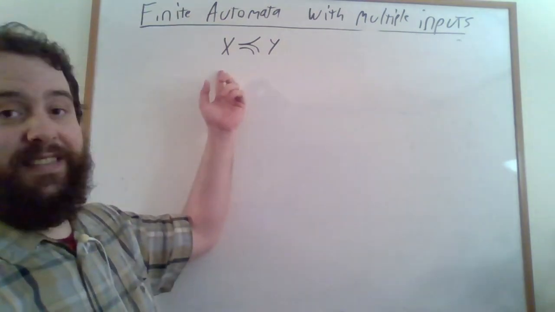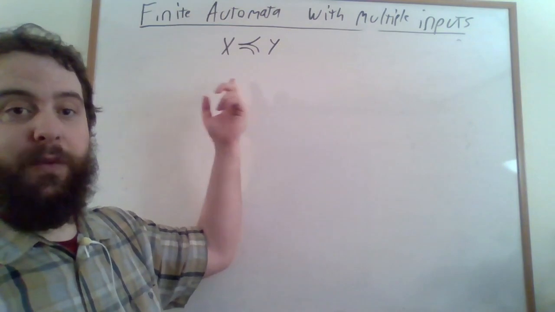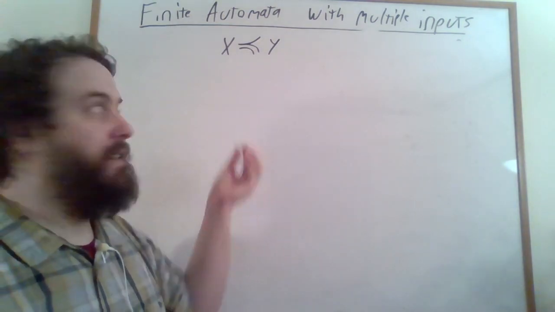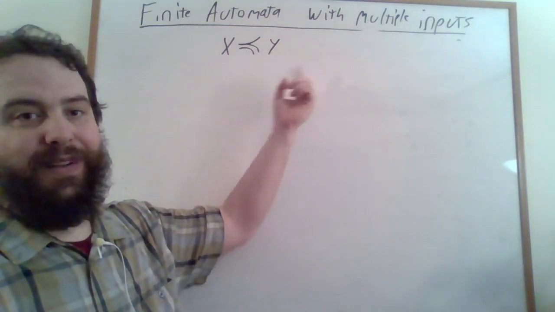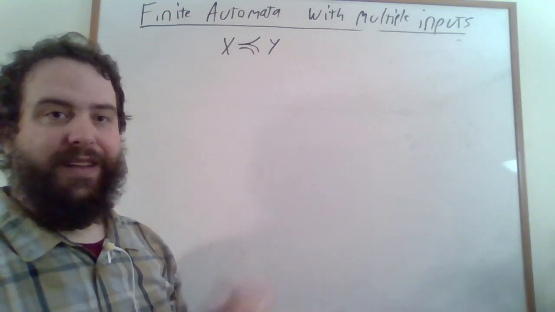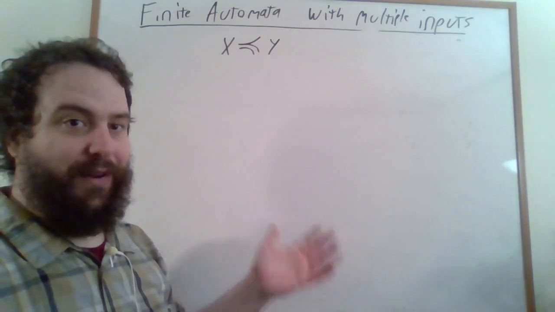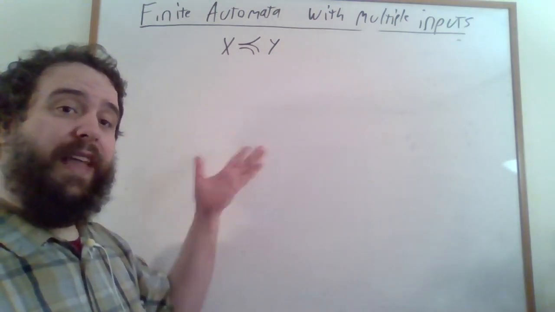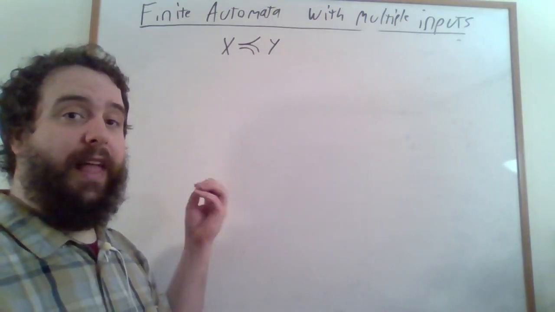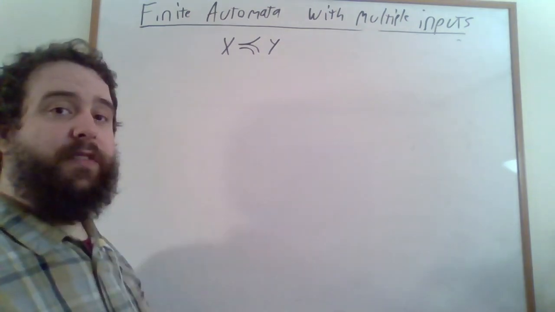So for instance, if x is the empty word, if it doesn't have any characters in it, then every word is going to be an extension of it. The empty word is a prefix of every word. This is a very important relation within the context of abstract languages here, and it also happens to be regular.